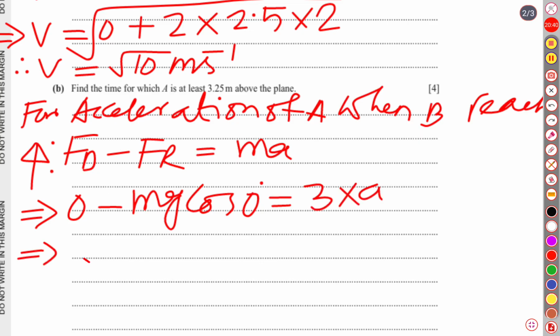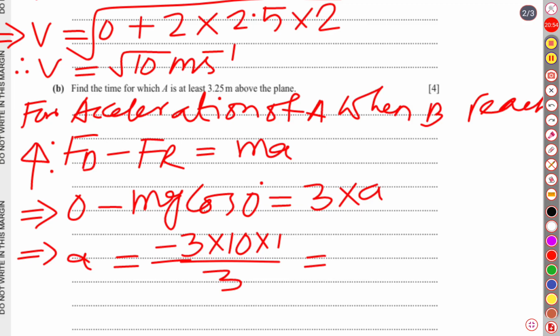So 3 times A is going to be negative 3 times 10 times cos 0, which is 1. Hence A is going to be negative 10 meter per second square. Well, this is the acceleration when A was moving up after B reaches the ground.